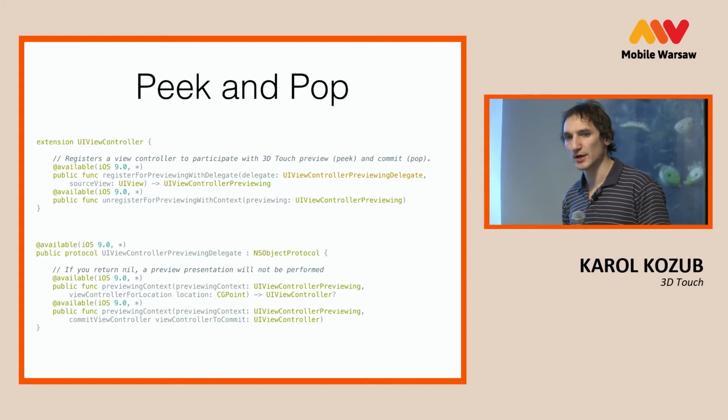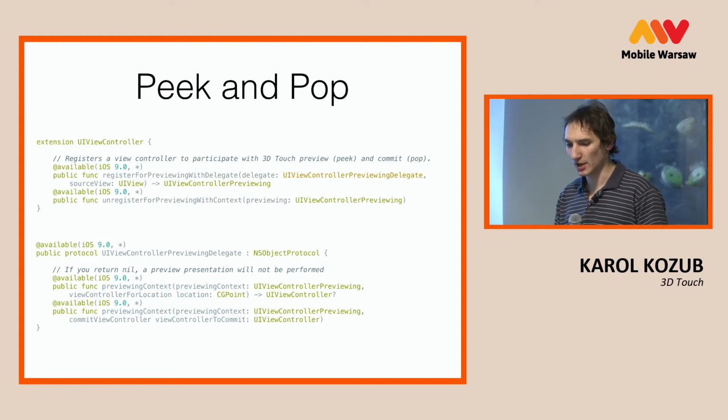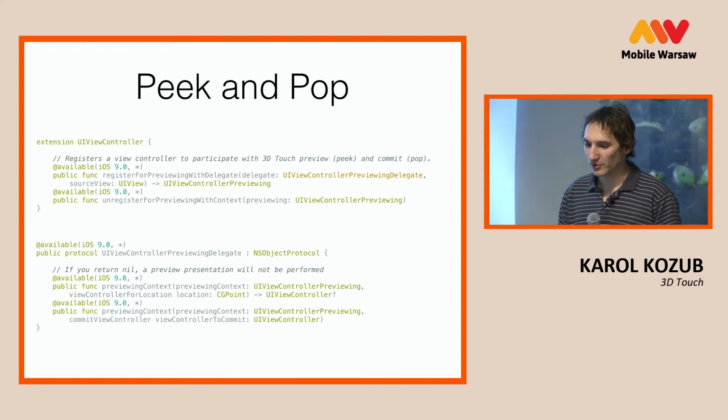The source view is the view from which we show the preview. It will be a lot cleaner when I show you the example in a moment. And the delegate is responsible for handling the whole process.